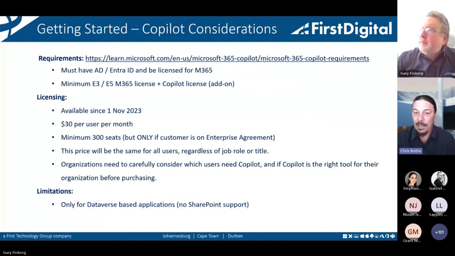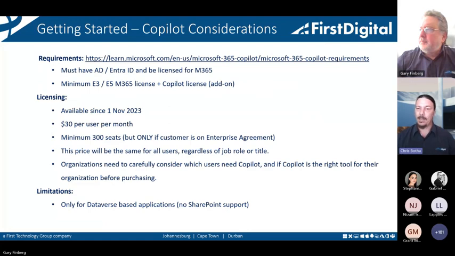It is a bolt-on, so you can purchase 10 licenses and assign it to 10 individual users within the organization, which you've obviously earmarked. This has now been available since the 1st of November, and it's currently priced at $30 per user per month.